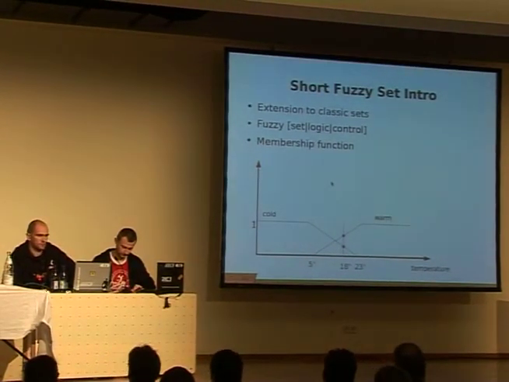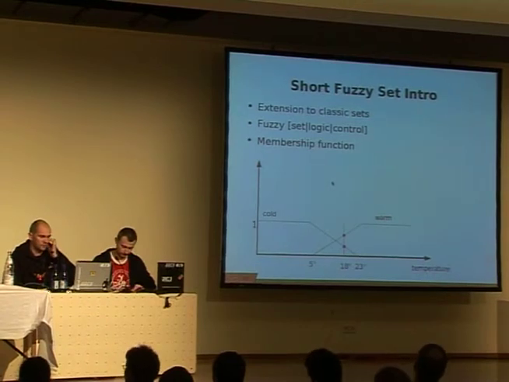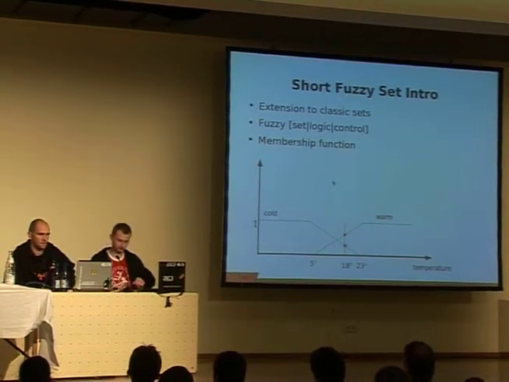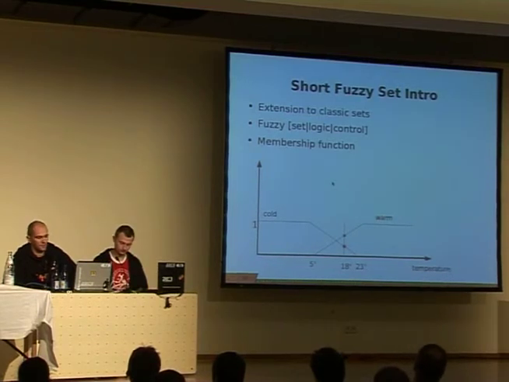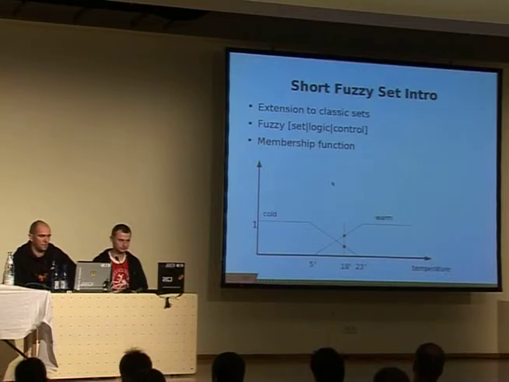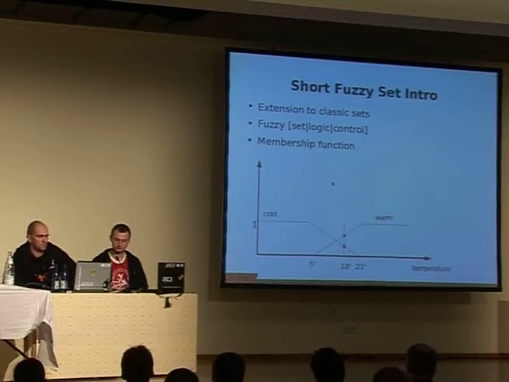Sets from school are a very sharp definition of what values belong to the set and what values don't belong to this certain set. So if we define a set called warm, we could say every temperature value above 23 degrees belongs to the set warm and others don't.